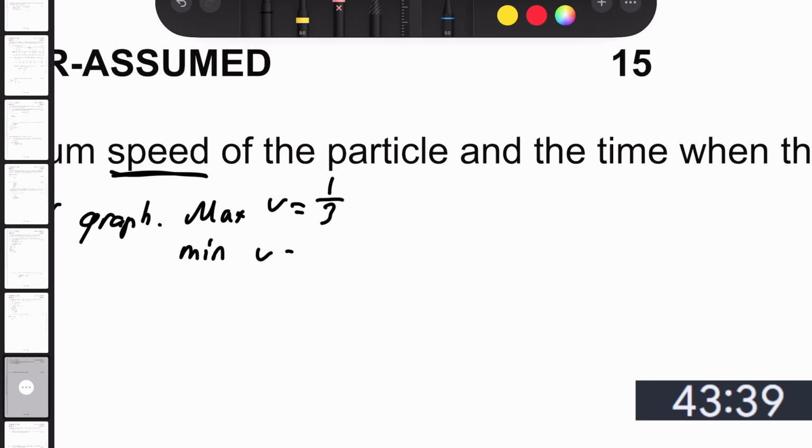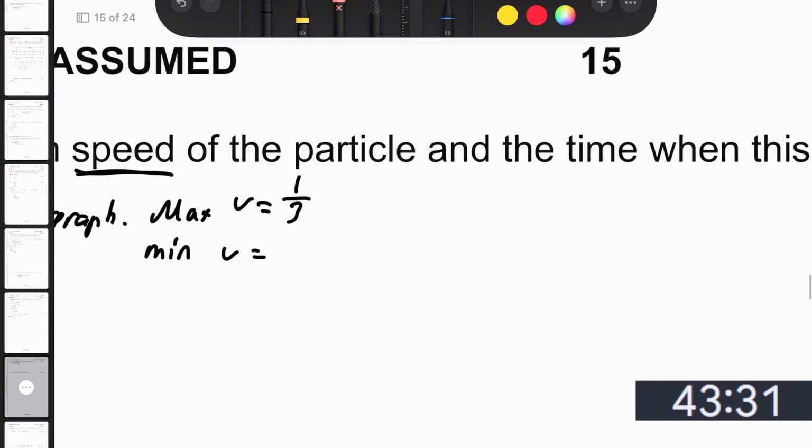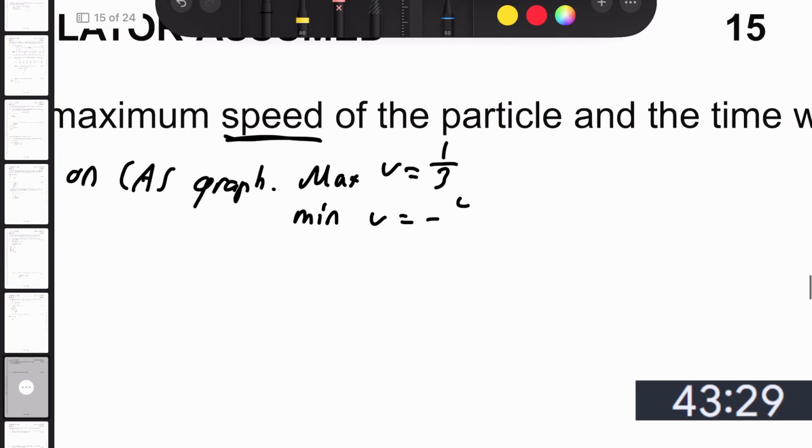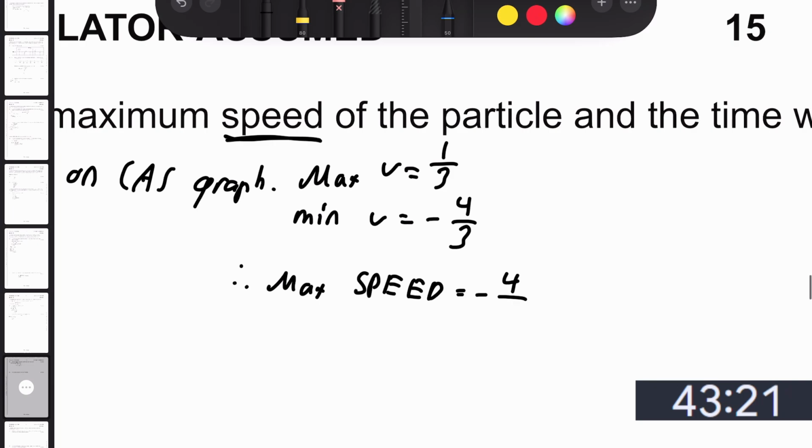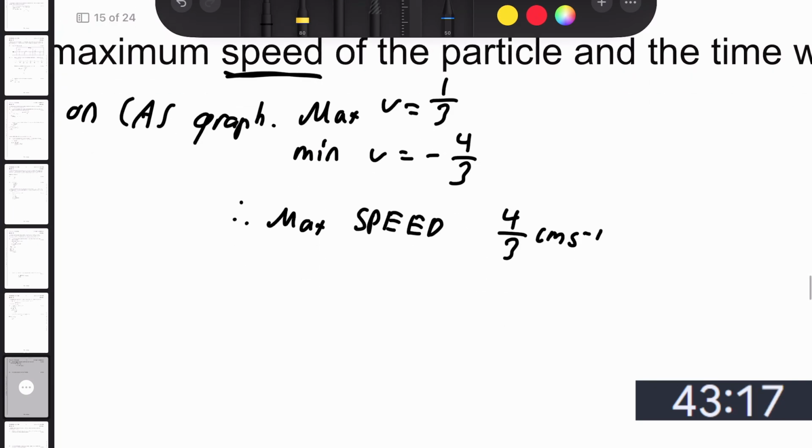Min V equals 0. So there was a little bit of thinking in this one. So negative 4 on 3. Therefore, max speed equals negative 4 on 3 centimeters a second. Oh, actually, sorry. Get rid of the negative. Speed doesn't have a direction.